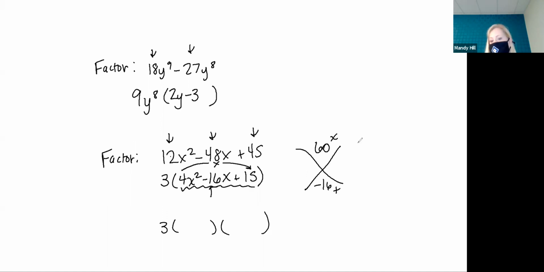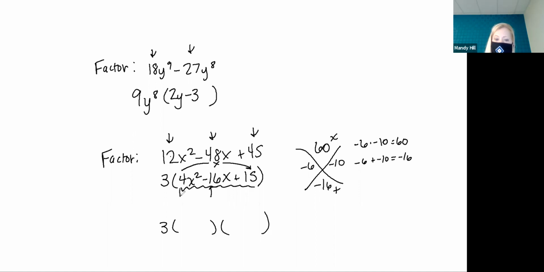The calculator would give us that combination. I'm thinking of it in my head, but of the things that multiply to 60, negative 6 times negative 10 multiplies to 60. But when I add negative 6 plus negative 10, I get negative 16, which is what we needed to have. So those would be my things that go right here: negative 6 and negative 10.